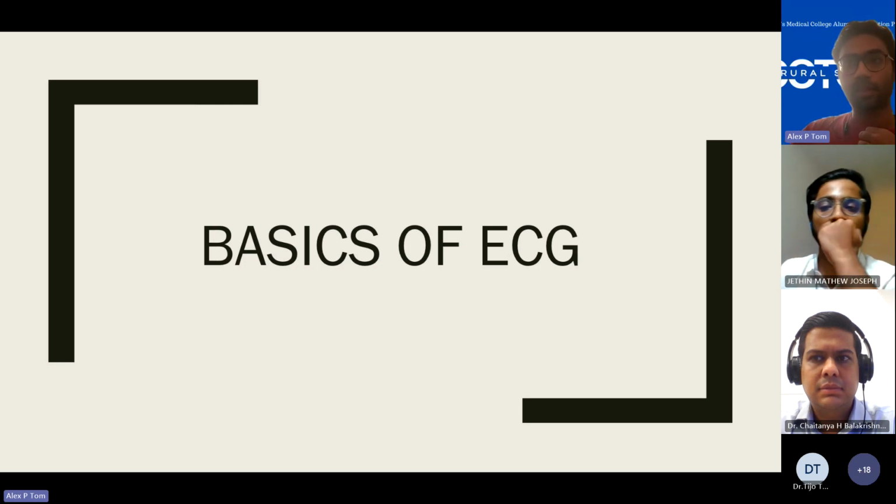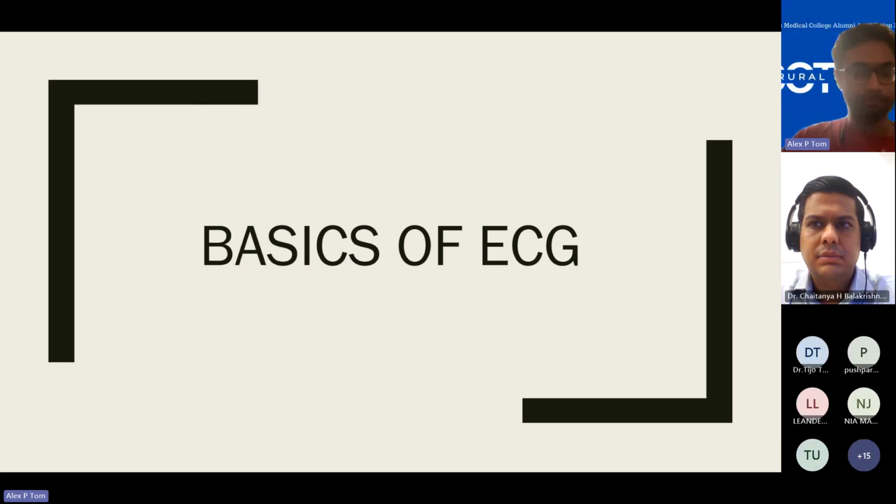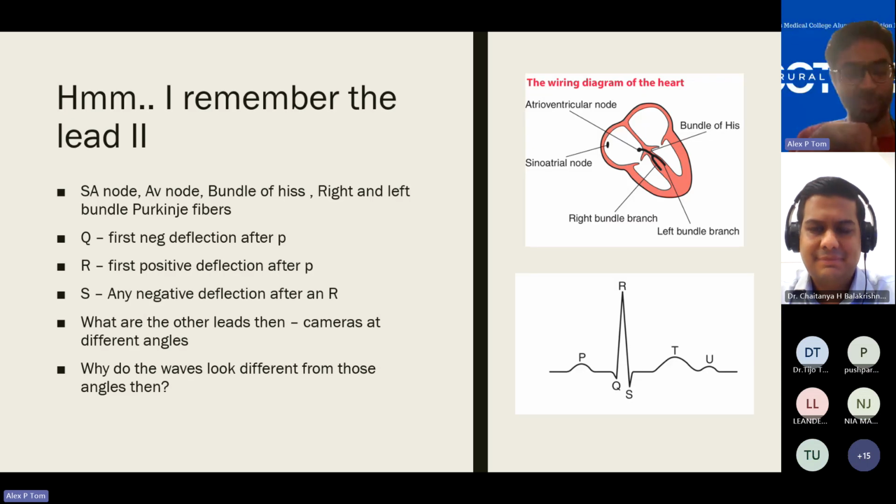When I started my bond, it was quite a daunting task to handle an ECG. I was very afraid of an ECG. When someone gave me an ECG paper strip, I would think, there are so many leads in it, and I don't remember any of those.